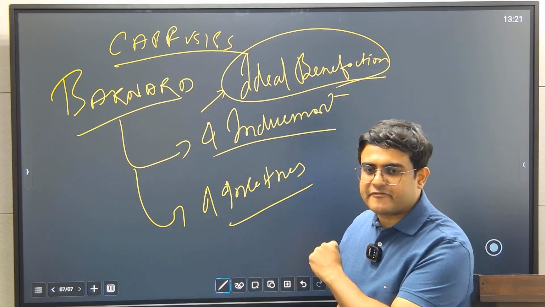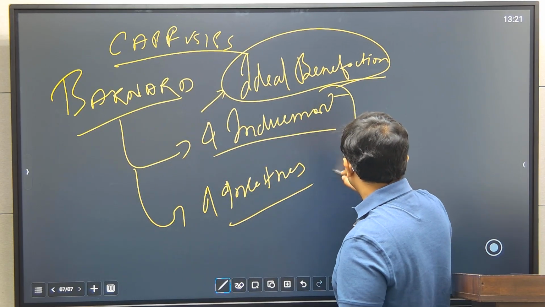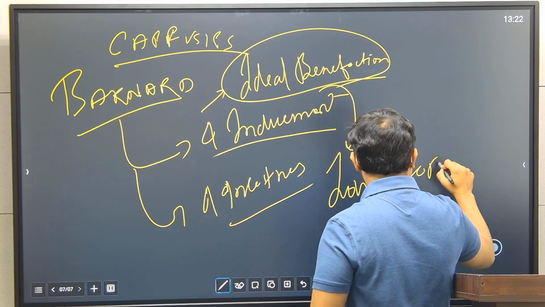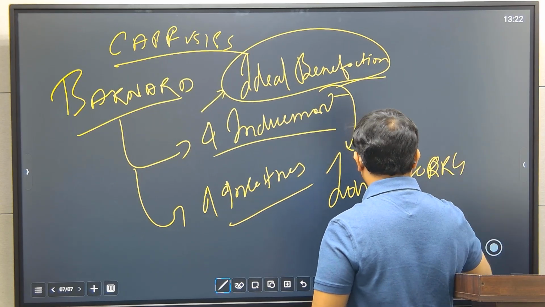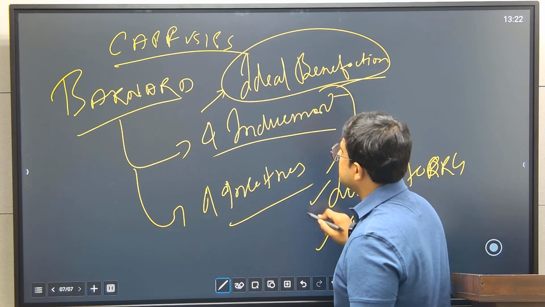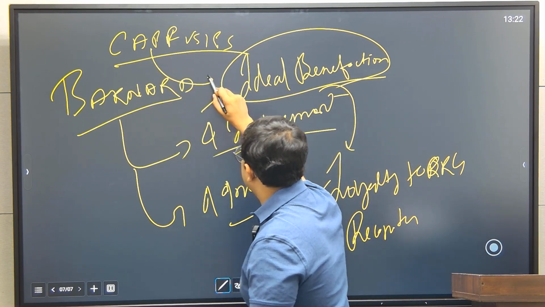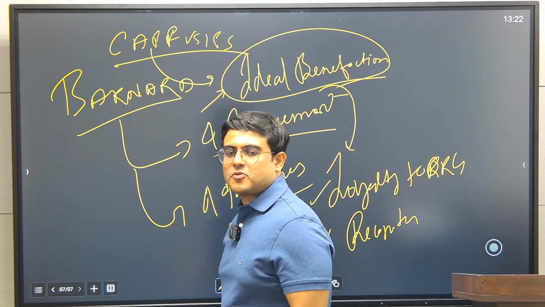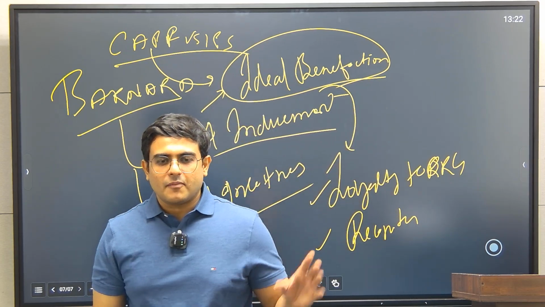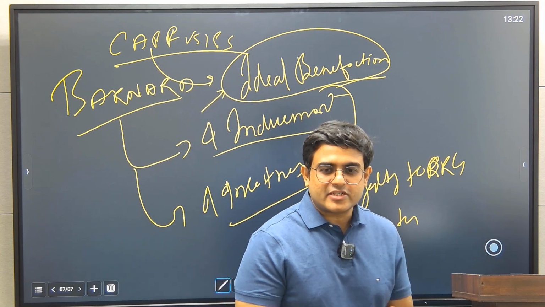What is this ideal benefaction? He talks about loyalty to the organization, recognition. So when this inducement is not satisfied for the CAPF, there is no appointment at the top position. There is absence of ideal benefaction, one of the inducements talked by Barnard, which should be present in an organization.